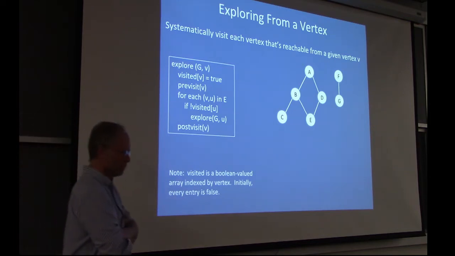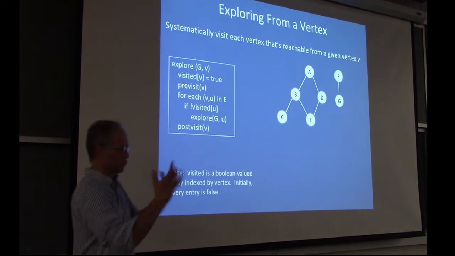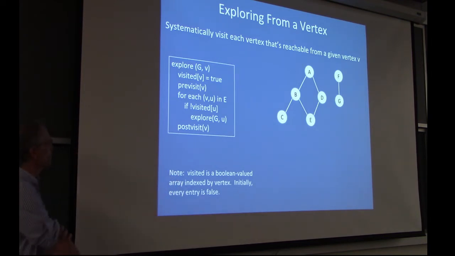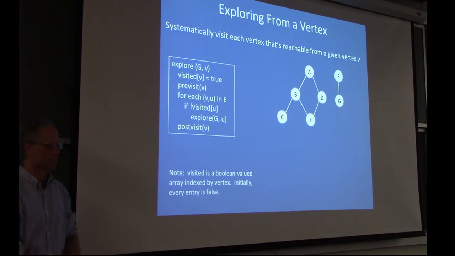A, B, C, D, and E. If we start exploring at G, we should visit G and F. So there's sort of two chunks here. And we're going to assume we have an array visited that's indexed by vertex, and initially every entry is false. We'll use that in the algorithm to determine if we visited a vertex or not. So initially, we haven't visited anything.